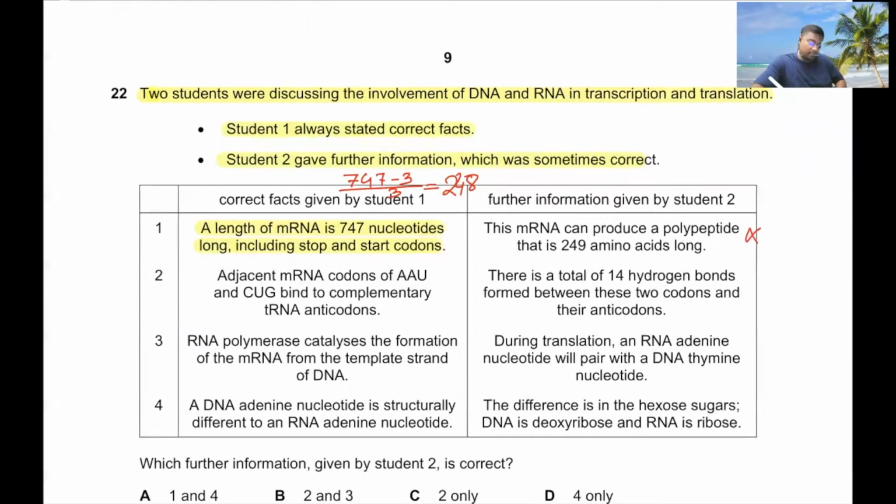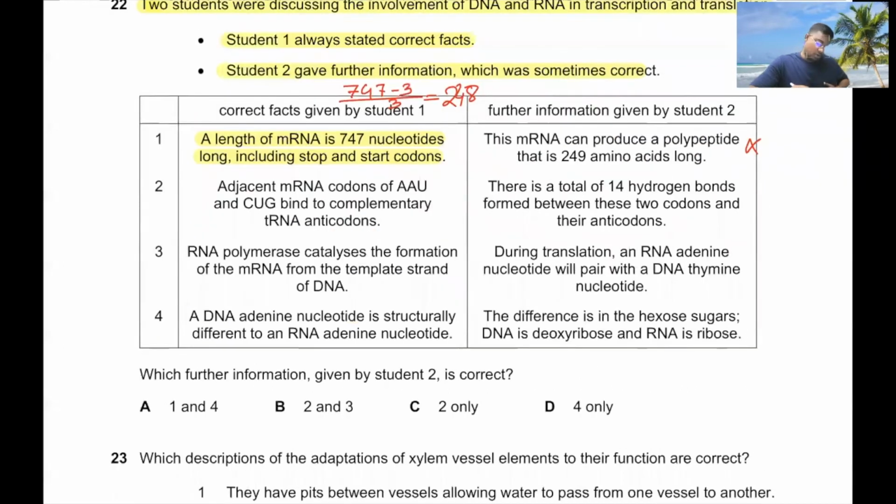This is a wrong statement. If point number 1 is wrong, then A is incorrect. For number 2, adjacent mRNA codons of AAU and CUG bind to complementary tRNA anticodons.